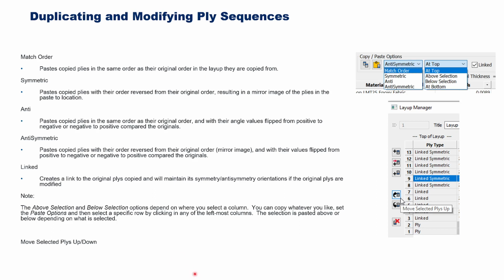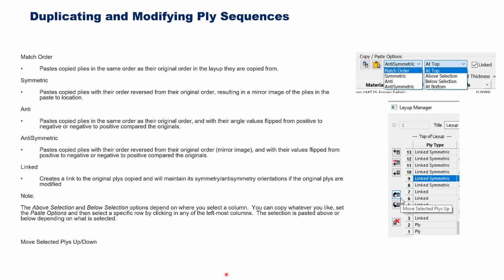We've got symmetric here, which will paste the plies in the reverse order, so that mirror that I mentioned before. And then there's anti, which will do the same as match order. It'll paste it in the same order that they were copied in, but it'll actually reverse the angles that the material is oriented in. So it'll flip from positive to negative or negative to positive compared to the originals.